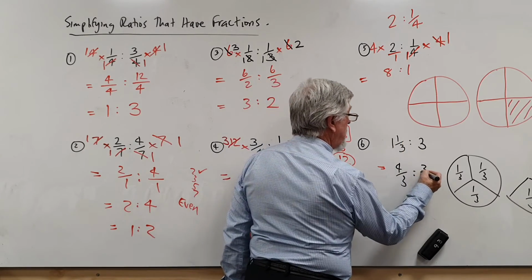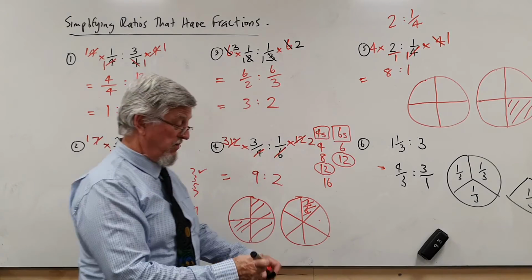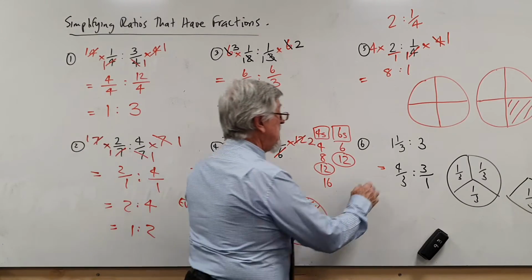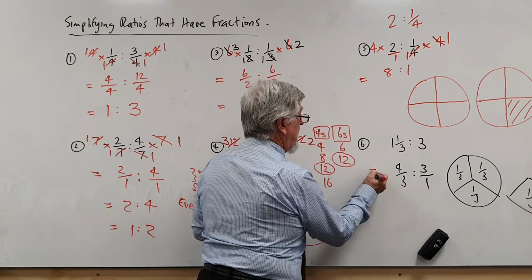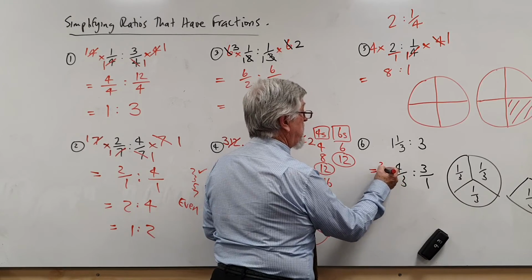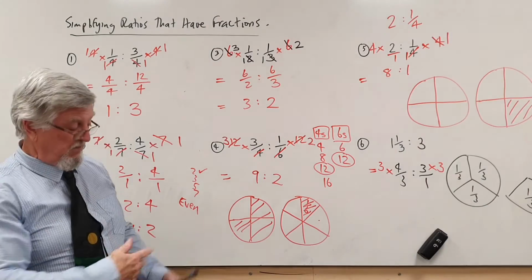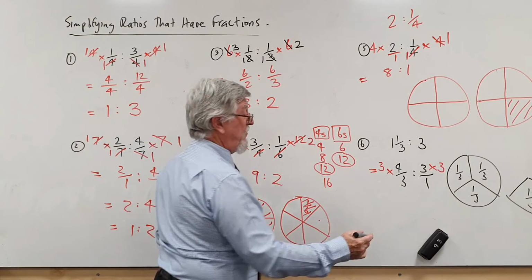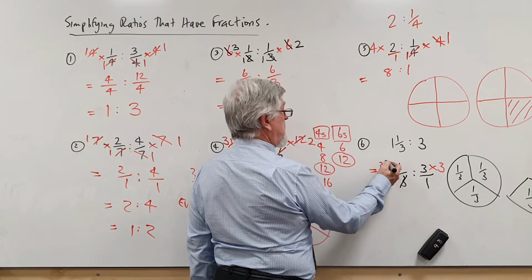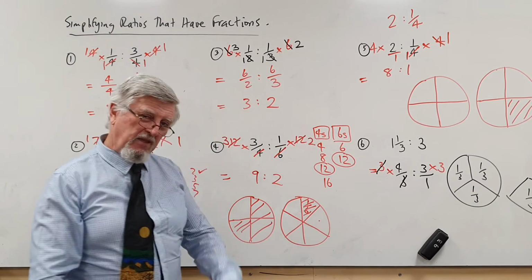Now you can write the 3 as 3/1 if you want to. If that's the way your brain operates, you want to do that. Then I come to look at this and I can go, if I times that side by 3, I times that side by 3. And then you can go to multiply the tops and multiply the bottoms, or the way I prefer, I can just cross out those 3s. And when I cross them out, they don't become nothing.